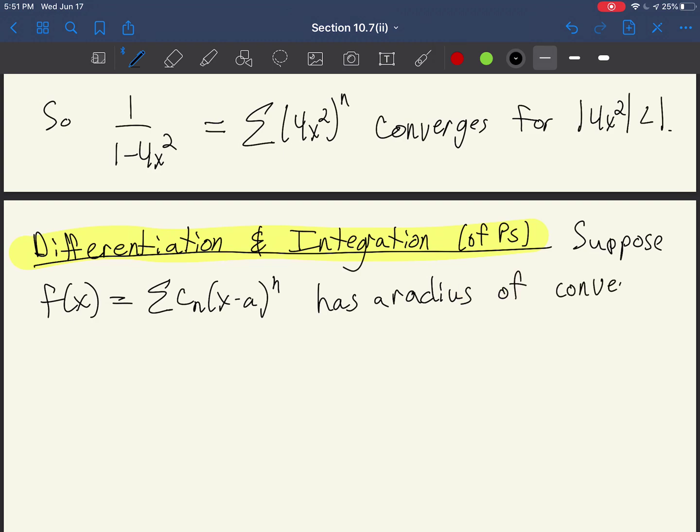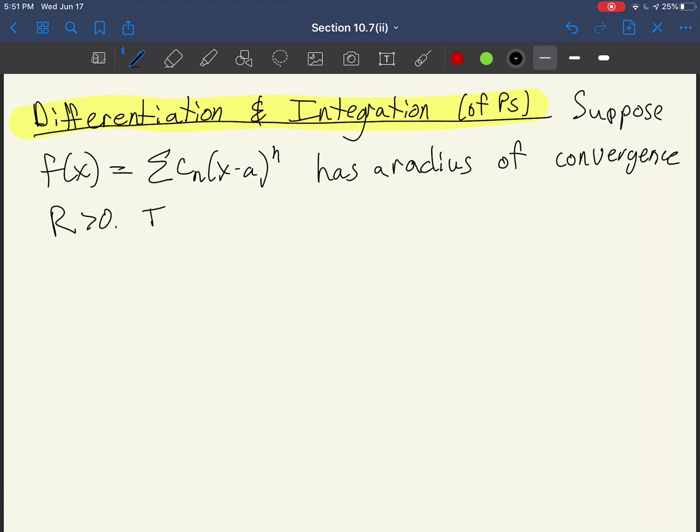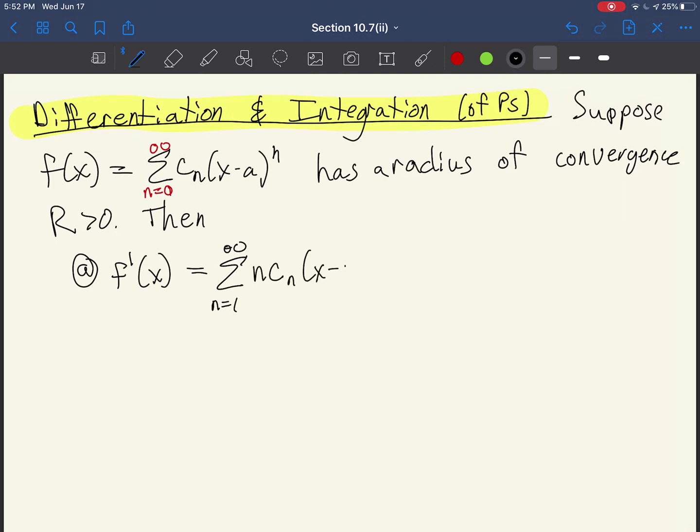And suppose that it has a radius of convergence R greater than 0. Then, first, if you wanted to differentiate that, you would have the power series from n equals 1 to infinity. So I should really put where we're starting, n equals 1 to infinity. N equals 0, sorry. n c_n (x minus a)^(n-1).